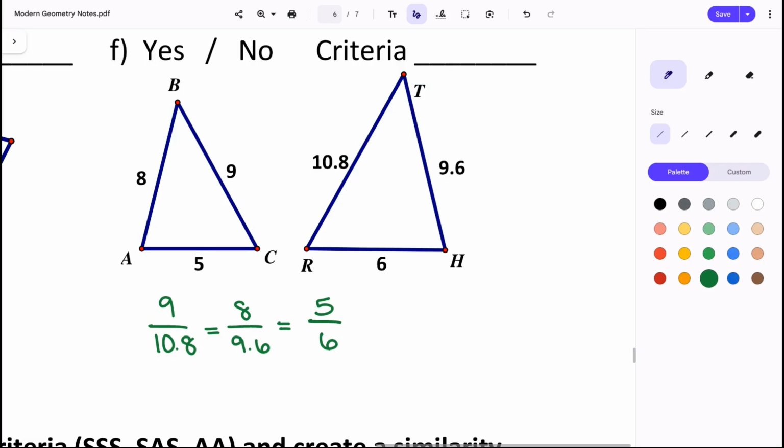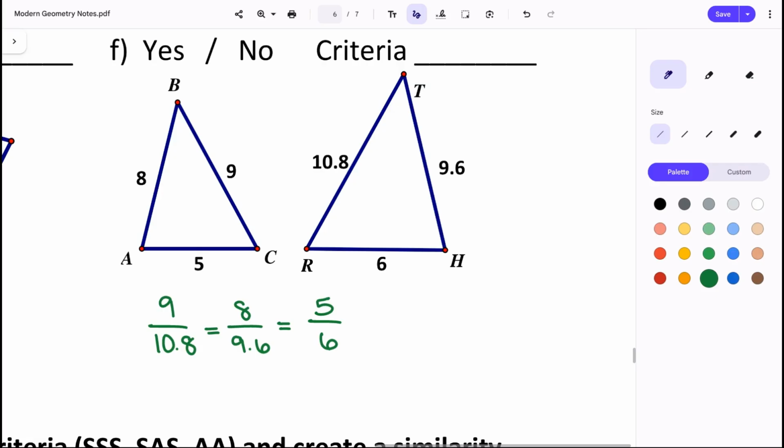This is why when we did that test earlier on letter B with side angle side, I had you guys divide your fractions, because if you're trying to cross multiply in here, it's possible, but it gets kind of messy because you have to do it here, here, and you have to check this one and cross multiply there as well, and make sure that you get the same product every time. I think it's a little bit faster to just divide, check to make sure that my decimals match perfectly, and then I should be able to say yes.